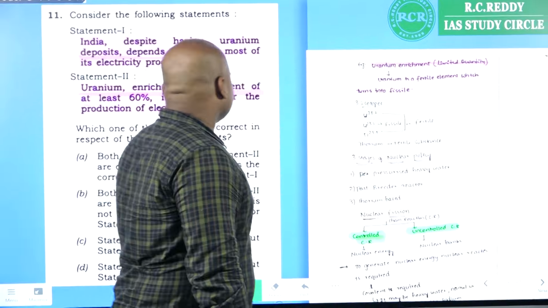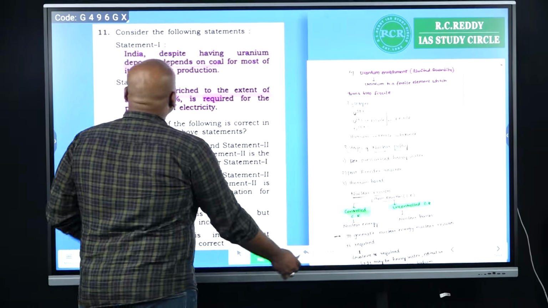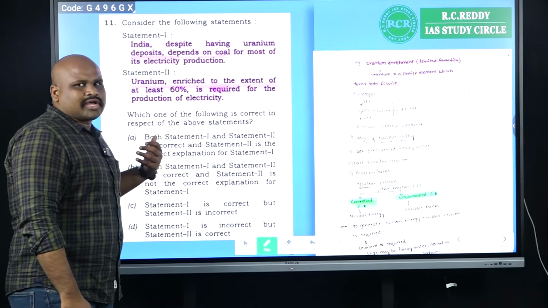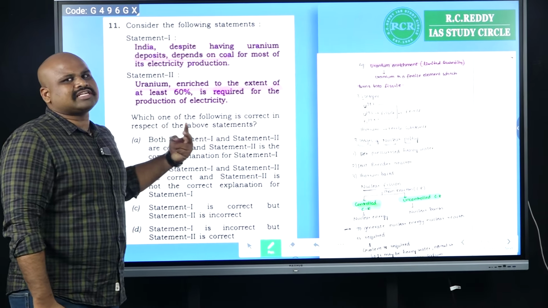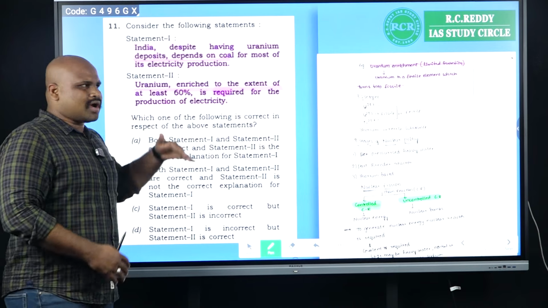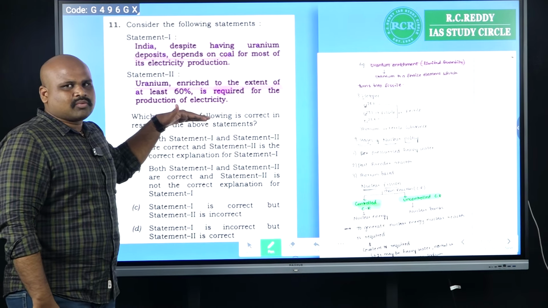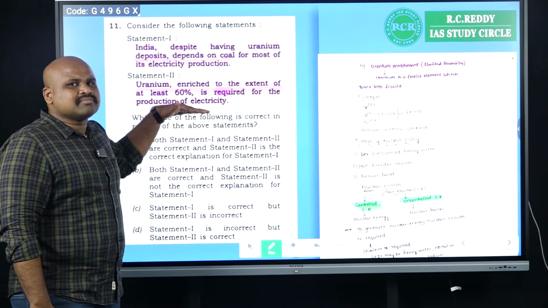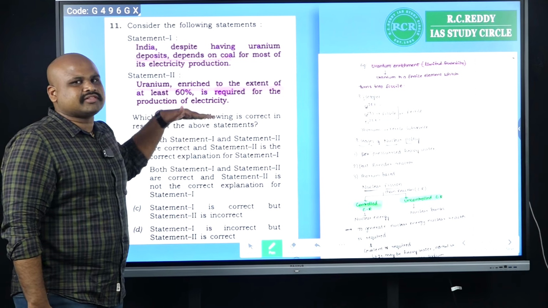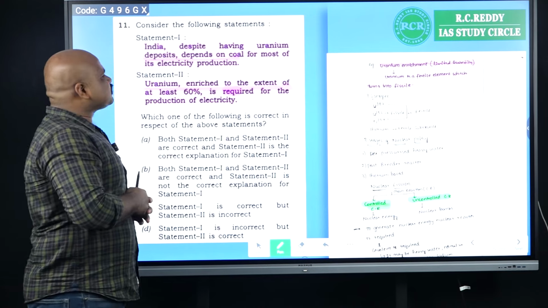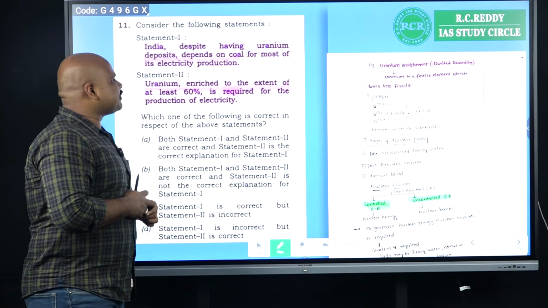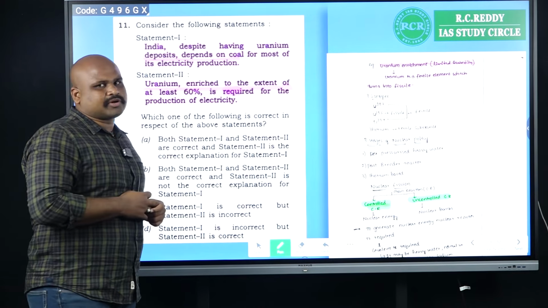Then apart from that, we look at the context of uranium enrichment. This particular question was seen in two of the dimensions of the HR sessions. One was with respect to the notes, the other was with respect to the prelims analysis of HR 2023. It is asking about India despite having uranium deposits, depends on coal for most of its electricity production.